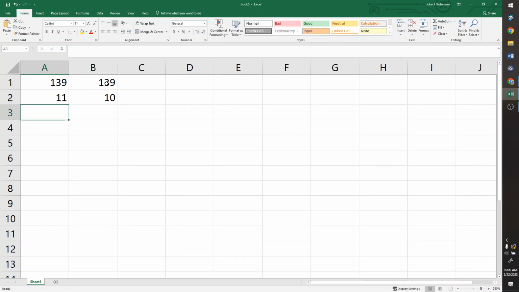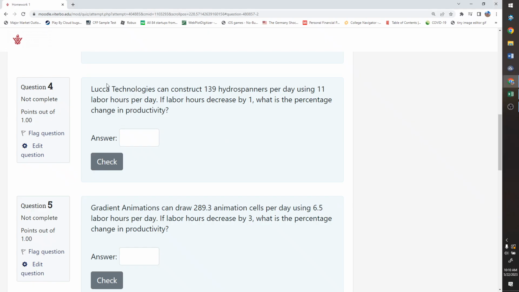So we can calculate a productivity here, right? Here's the productivity here. And here's the new productivity. And this is the improvement, right?